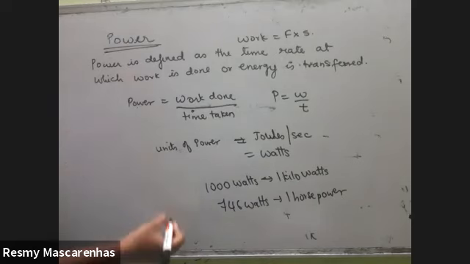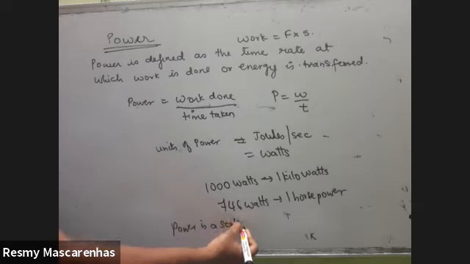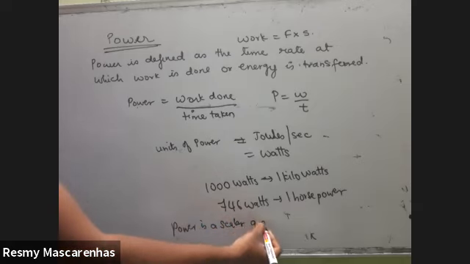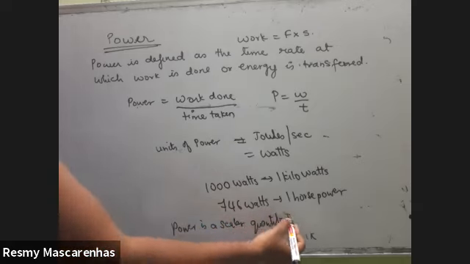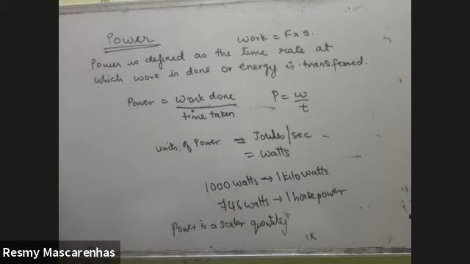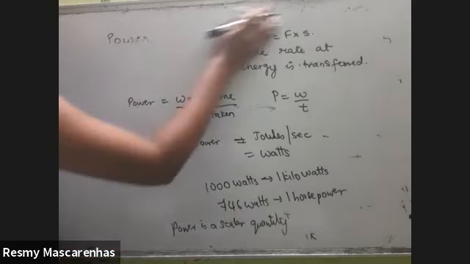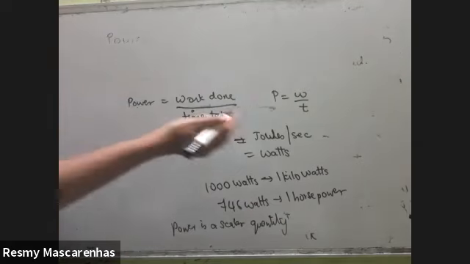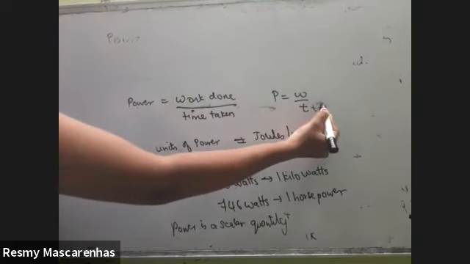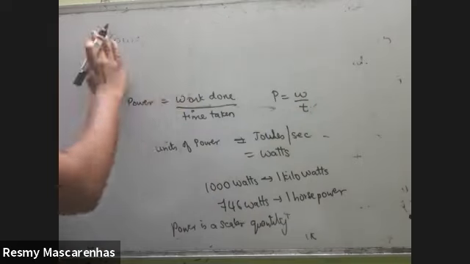It's a scalar quantity. There's no need of direction for this. Power is a scalar quantity and its dimensions are, if you know the work dimension, it's just that time will be one extra. If you take it on top, it will become minus.